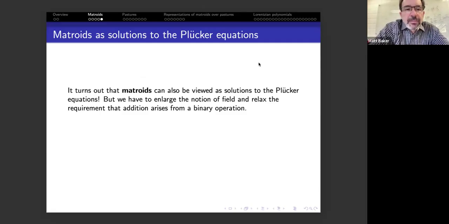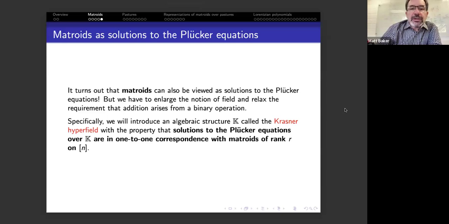So it turns out, this is the first turning point of the talk. It turns out that matroids can be viewed as solutions to the Plücker equations as well, just like subspaces can. But in order to do that, we're forced to enlarge, or generalize, the notion of field. So how are we going to do that? The idea is to relax the requirement in fields that addition arises from a binary operation. Okay, so I'll explain first with examples and then with axioms what I mean.